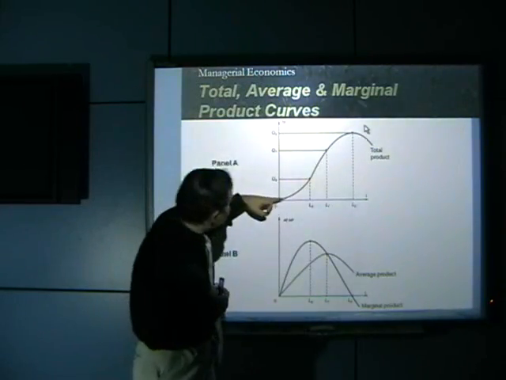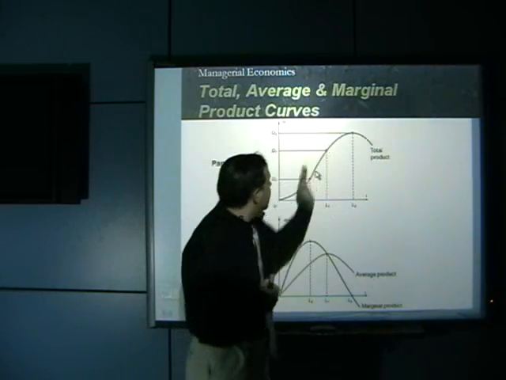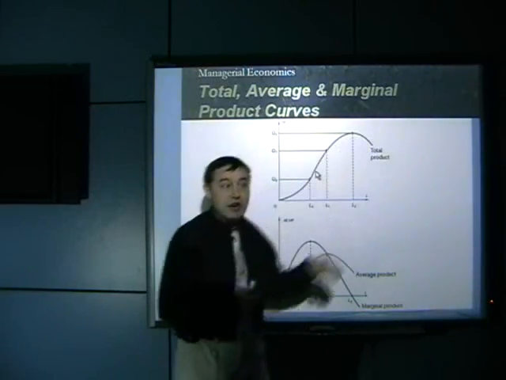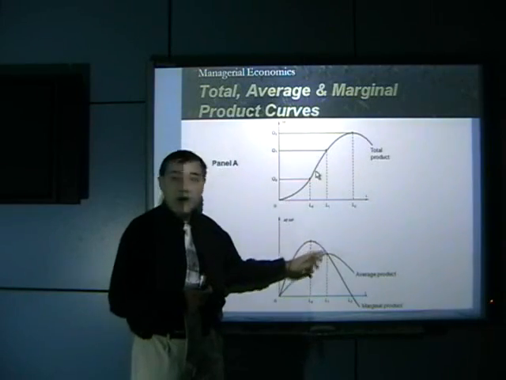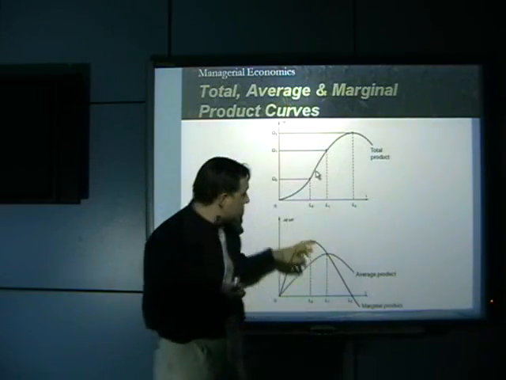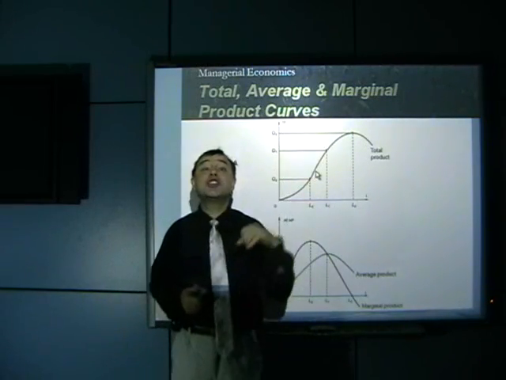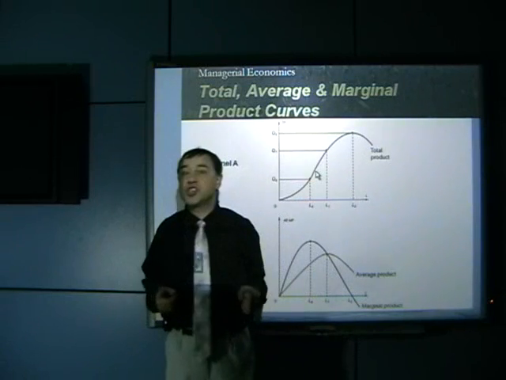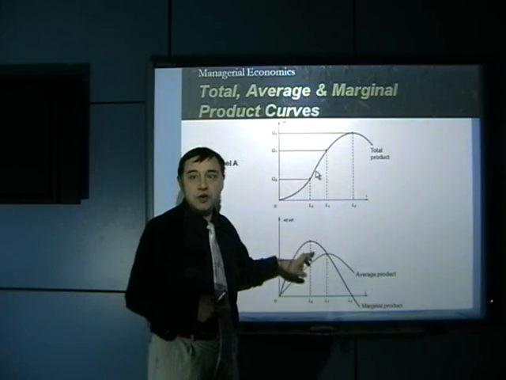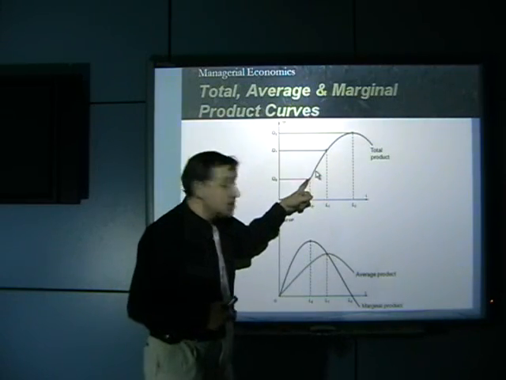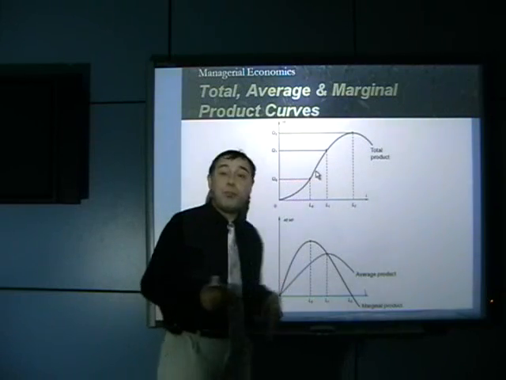In other words, this type of curvature represents acceleration, and this type of curvature represents deceleration. Acceleration means rising marginal product. Deceleration means falling marginal product. Where acceleration switches into deceleration means the peak or the maximum marginal product, and it is also represented mathematically as an inflection point.